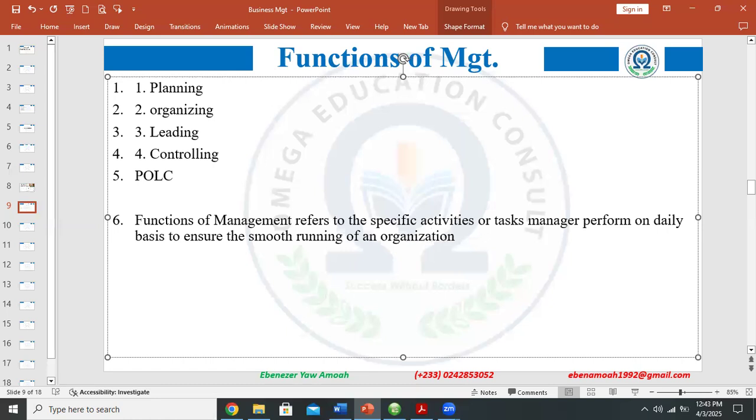Okay, so the specific things that people in management or managers do to ensure that an organization is run smoothly refers to the functions of management.